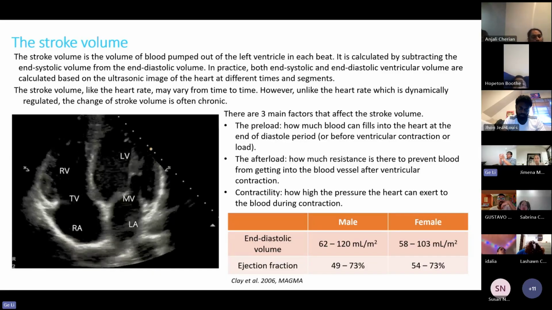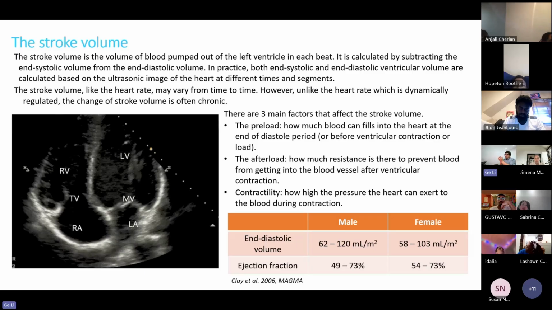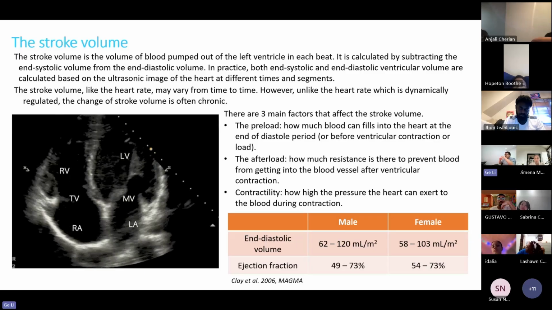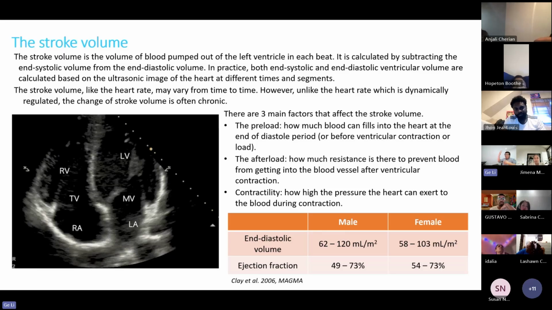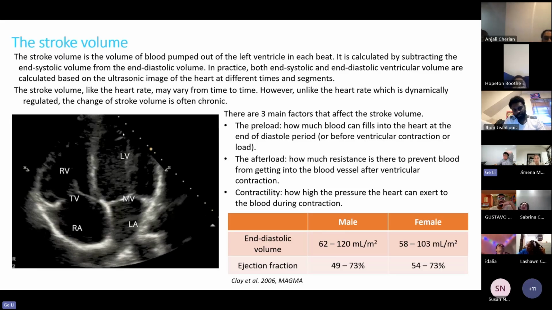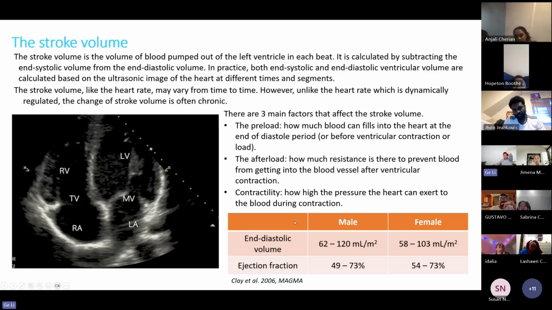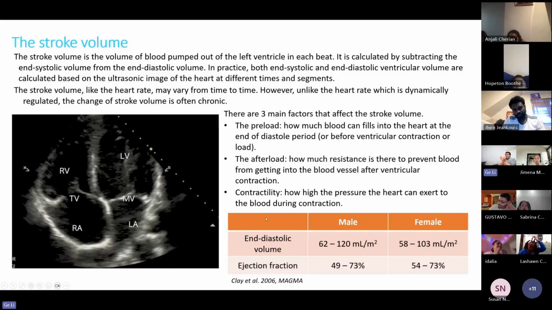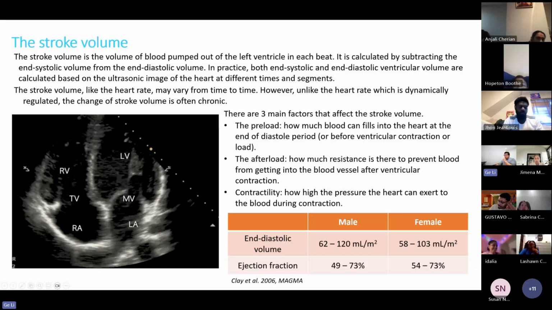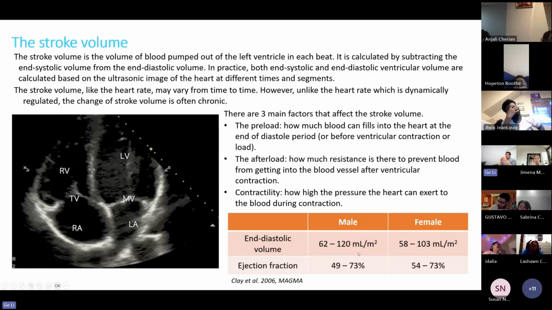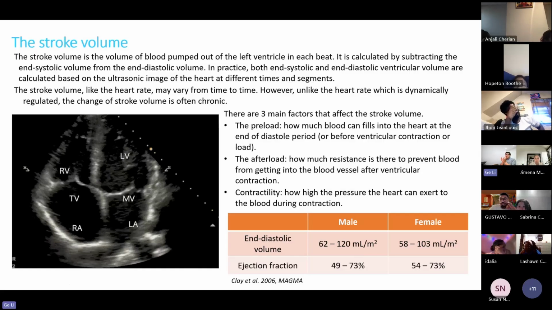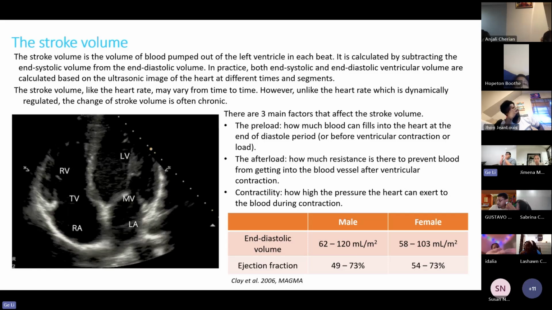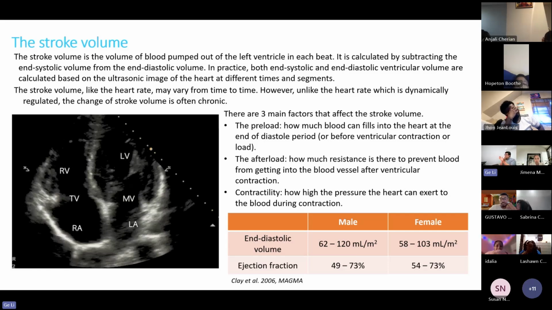It just subtracts the smallest volume from the largest volume, and that's how much blood comes out of the ventricle. That's how we calculate it. And in these cases, you can either calculate this as an absolute volume, say in milliliters, or you can calculate this as a ratio, meaning the percentage of the blood that can be pumped out from the left ventricle.